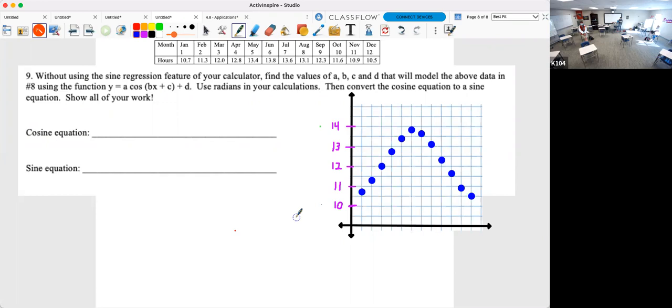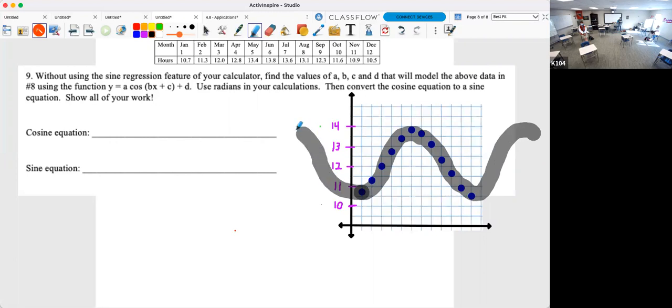So here's our model. We can guess that if we were to graph this, our model should start about down here somewhere, go up like that and then back down like that, and then it would keep going, extending to infinity in both directions, right?